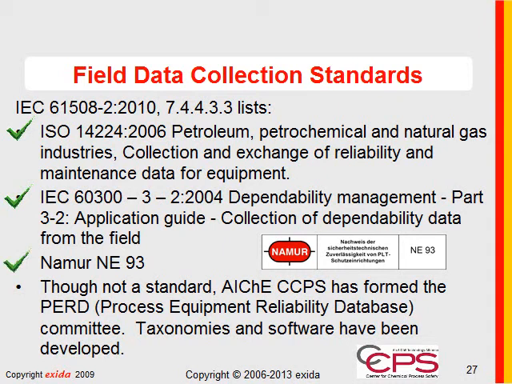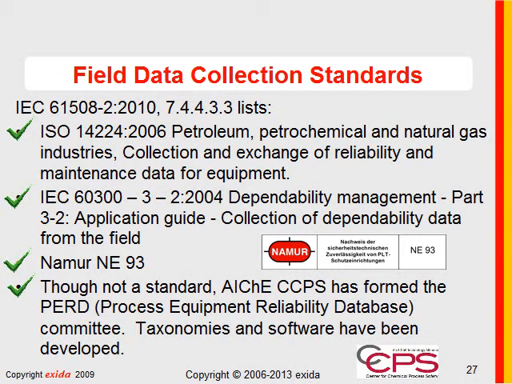There is a good standard from Germany, the NAMUR NE93, which is very similar but somewhat more detailed than the ISO IEC standards. And it is absolutely my impression that the AIChE, the Chemical Engineers Center for Chemical Process Safety, PERD, the Process Equipment Reliability Database Committee, has done the best job of all.